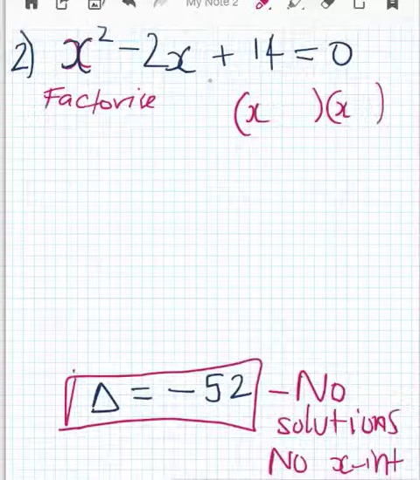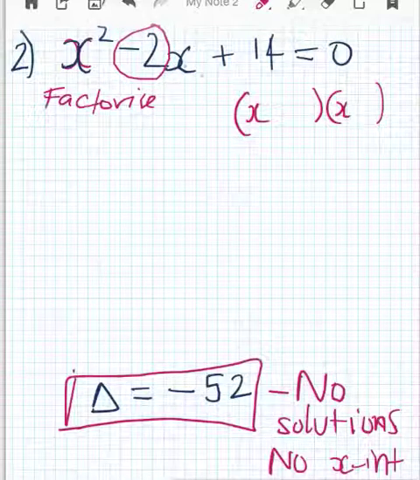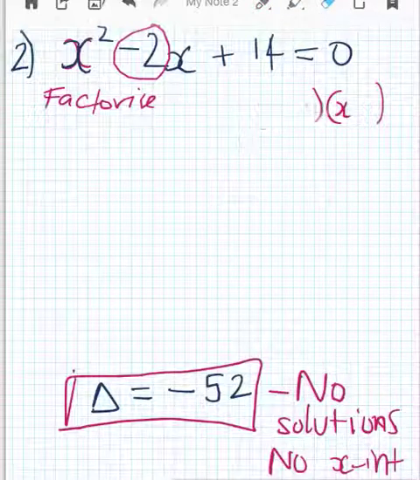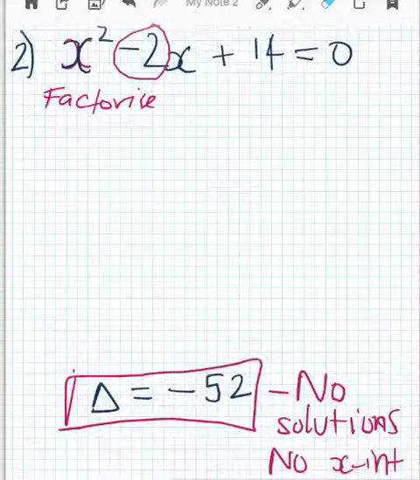Is there something times something that gives us 14 that adds or subtracts to -2? Well, factors of 14, we've got 7 times 2, that won't give us 2. 14 times 1. So you can see it's impossible to do it this way. So maybe if we complete the square, we might have solutions that are irrational numbers, like surds. So let's just have a look.